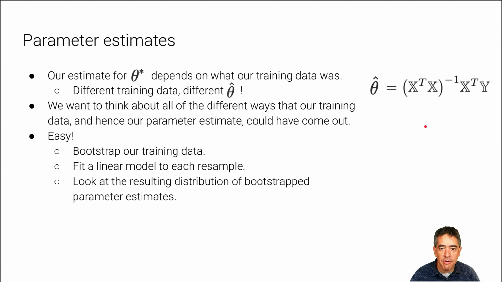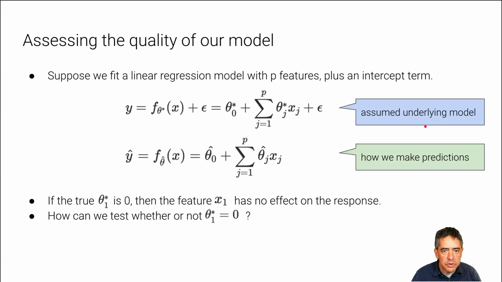Obviously, some of the samples will be a little bit different through the bootstrap process, and this will give us a set of theta hat estimates, one per each bootstrap training sample. And now we can look, therefore, at a distribution of our parameters, and we can construct confidence intervals for our parameters. So this will be a way of understanding a little bit more some of the properties of our model and assessing the quality of the model.